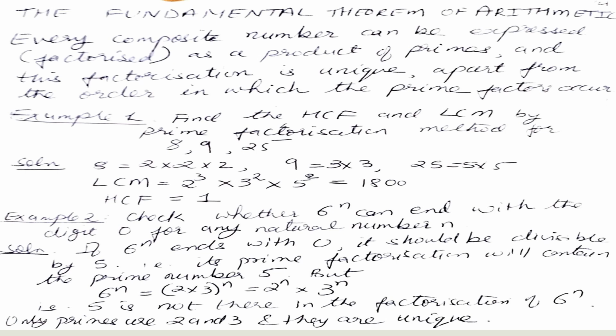But 6 raised to n is nothing but 2 into 3 whole raised to n, which is 2 raised to n into 3 raised to n. 5 is not there in the factorization of 6 raised to n. Only the primes 2 and 3 are there, and by the above theorem, they are unique. So 5 does not occur in the prime factorization of 6 raised to n. Hence, 6 raised to n cannot end with the digit 0.